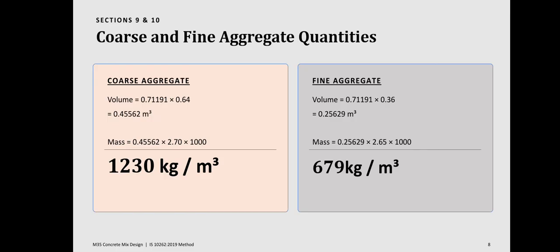And here for getting aggregate quantity, we are multiplying that volume by our fractions, 64% for coarse aggregates, 36% for fine aggregates, and convert each to mass using their specific gravities. We arrive at 1230 kilograms of coarse aggregate and 679 kilograms of fine aggregate per meter cube of the concrete.